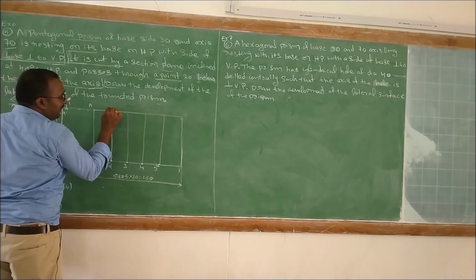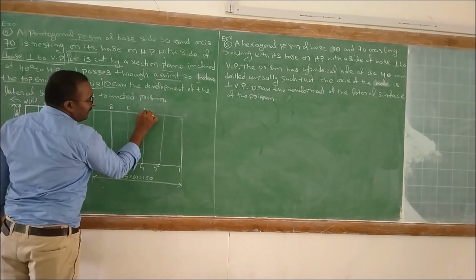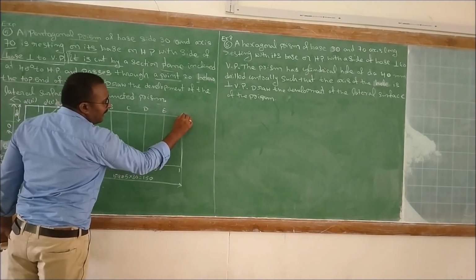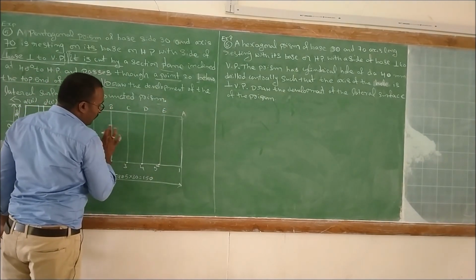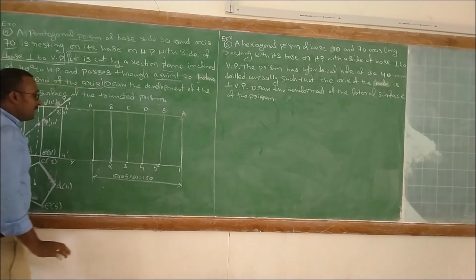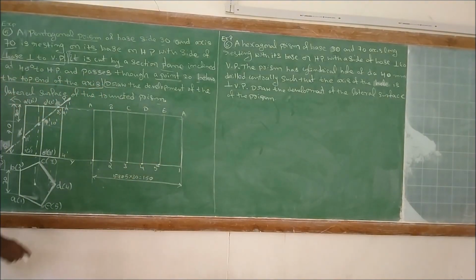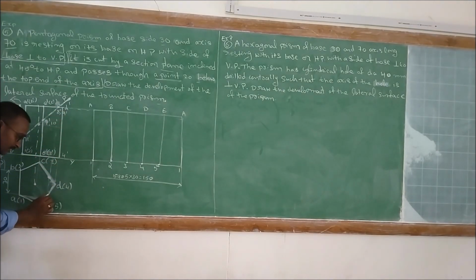So here it is A, B, C, D, E and again A. 1, 2, 3, 4, 5 surfaces have been developed. So from here to here we are going to project it downwards. So here and here there will be 2 lines.